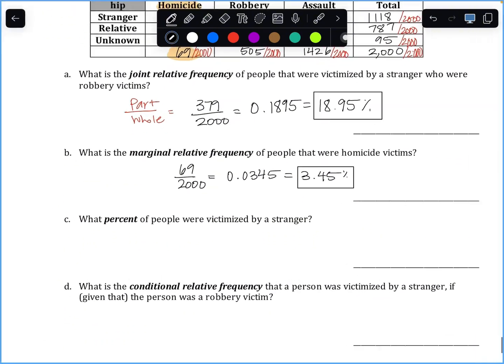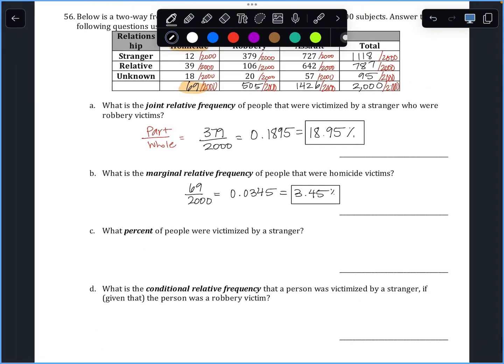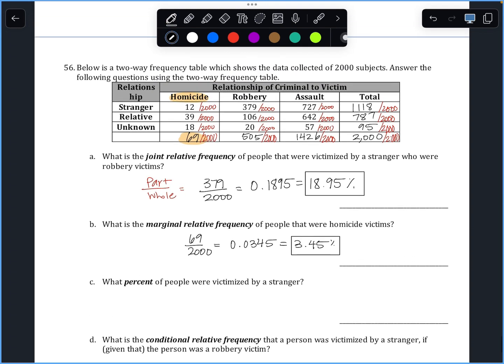Not bad, right? Now it's asking what percent of people were victimized by a stranger. So if we look for stranger, I'm going to look here, and I'm going to look at the total. How much? 1,118, right?